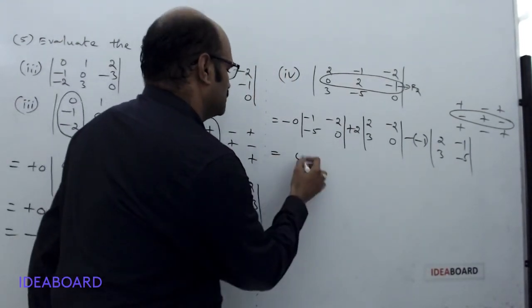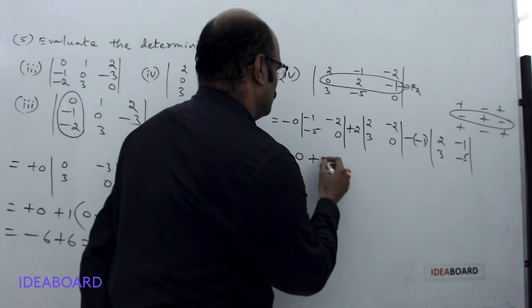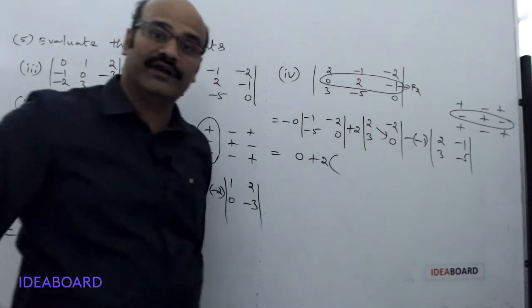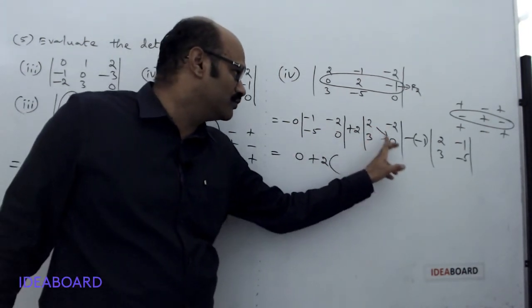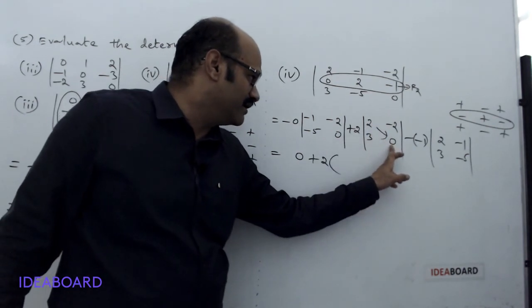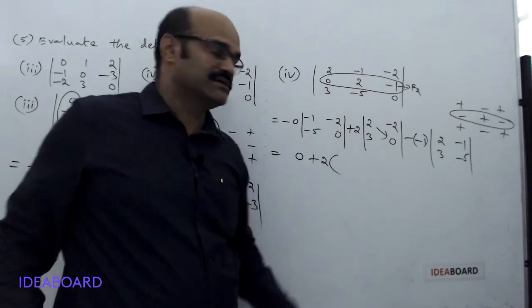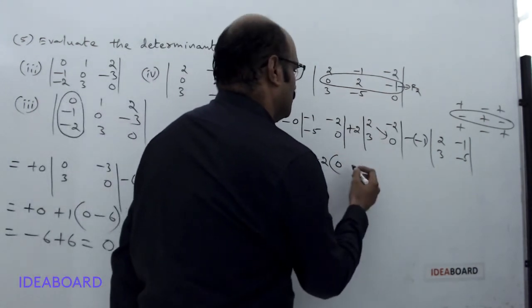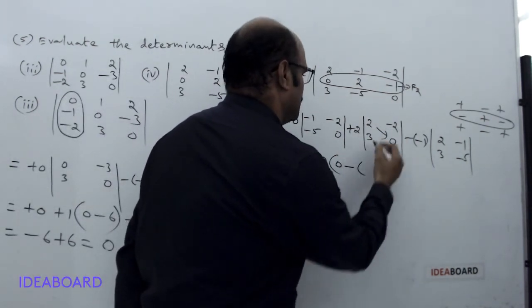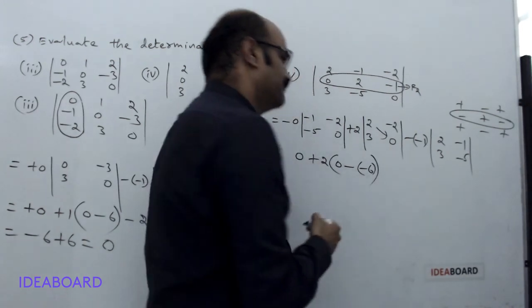So 0 into anything is 0, plus 2 into, we know that the determinant of a 2 by 2 matrix is always equal to the product of principal diagonal elements minus the product of secondary diagonal elements. Plus 2 into 0 minus 3 into minus 2, which is 6.